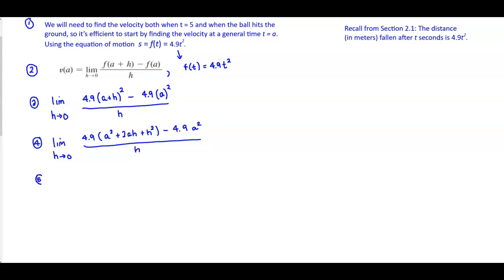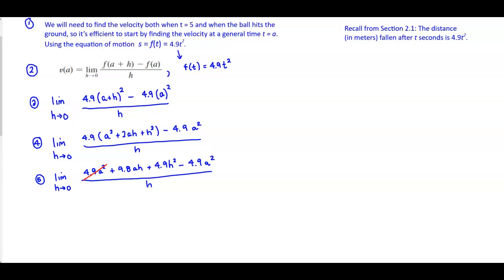So now let's distribute the 4.9. So we have the limit as h is approaching 0 of 4.9 a squared plus 9.8 ah plus 4.9 h squared minus 4.9 a squared over h.